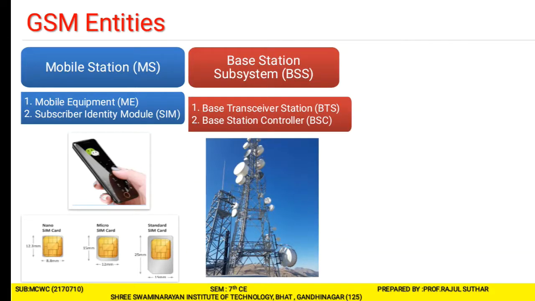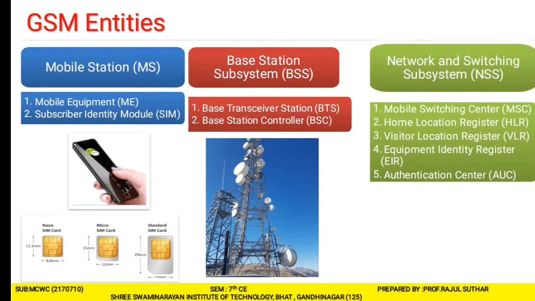Then the base station subsystem, we are all familiar with the base station. Look at the image: it covers the base transceiver station and the base station controller, BSC. Then the network and switching subsystem, which we already discussed: the mobile switching center MSC, home location register HLR, visitor location register VLR, equipment identity register EIR and authentication center AUC.